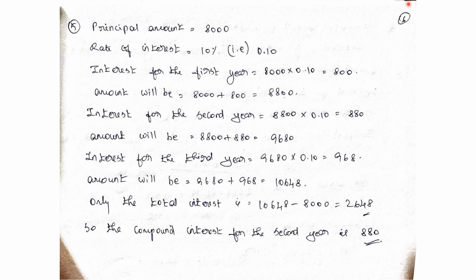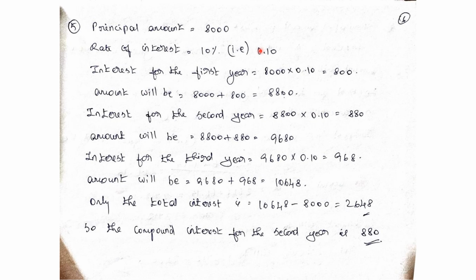Okay, next sum, calculate the compound interest for the second year on 8,000 invested for 3 years at 10% per annum. So here only for 2 years, if you find only for 2 years, that is enough, because they are asking the compound interest for the second year.